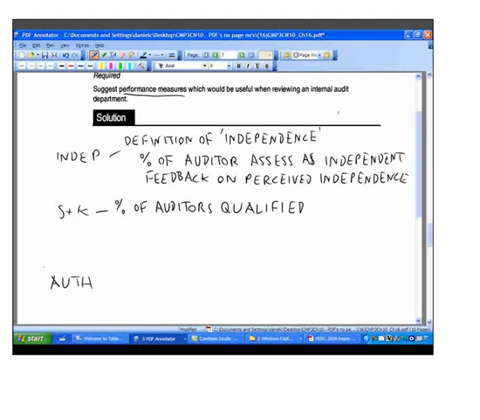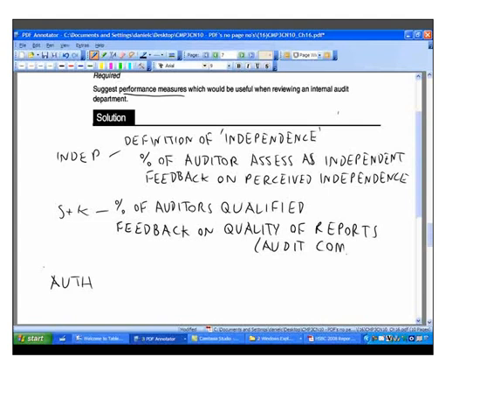What you might also get is feedback on the quality of the reports, in particular looking at the audit committee. So go and ask the audit committee periodically, perhaps once a year, how would they rate the quality of the reports from 1 to 5, and then use that as a way of assessing the function.